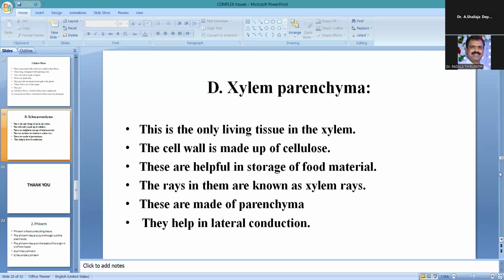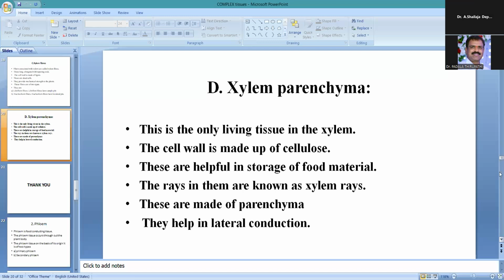Axial parenchyma is derived from the fusiform cambial initials together with tracheary elements and fibers. These are somewhat elongated and lie in vertical series along the long axis.